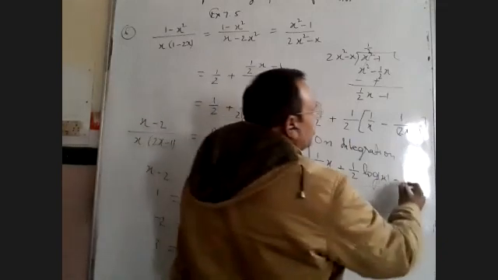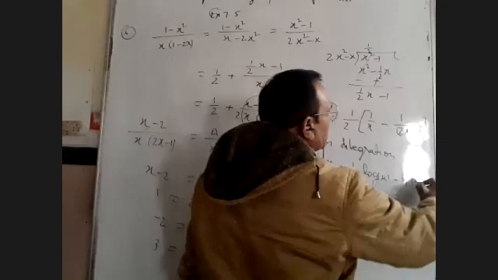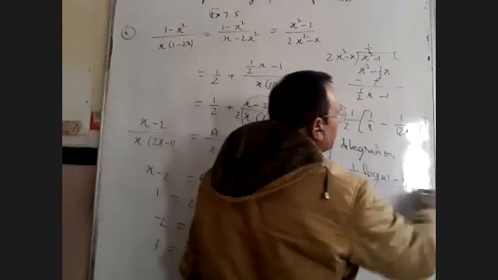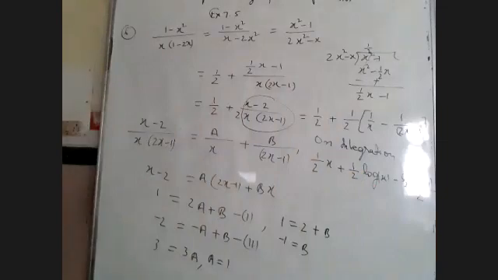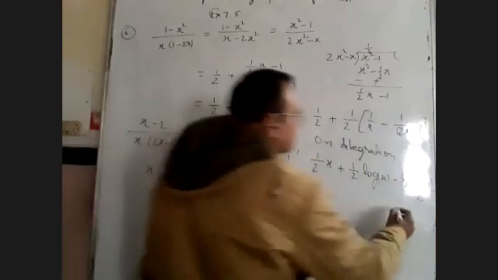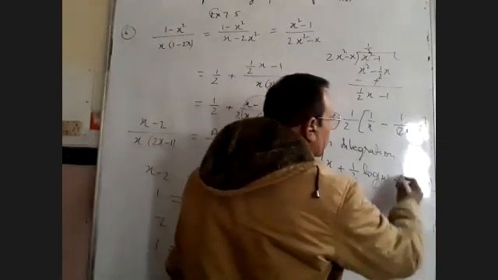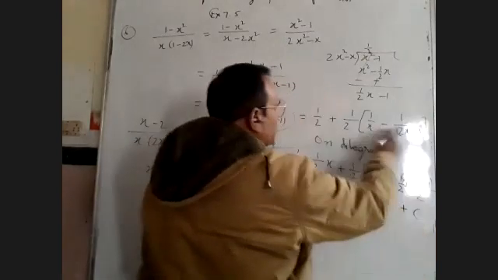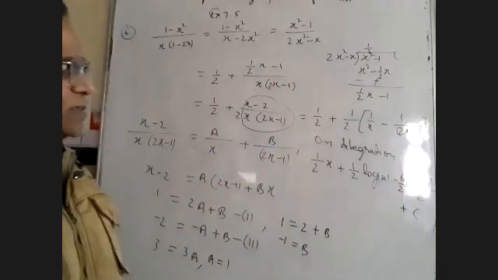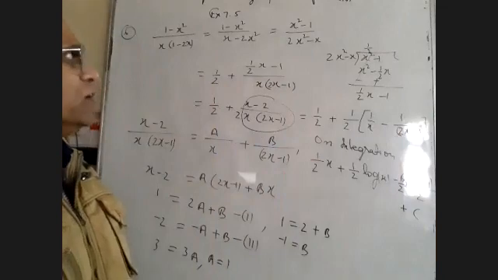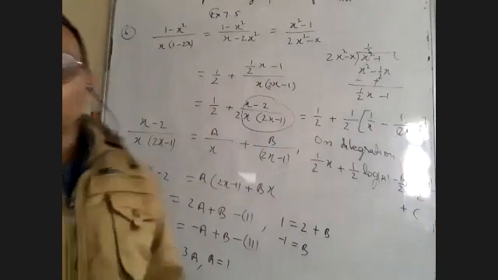Minus log 2x minus 1 but divided by 2 because the coefficient of x is not 1. So this expression we can write in this way, plus c. Of 1/2 we have to multiply this 1/2 here also. So minus 1/2 log 2x minus 1 divided by 2. This integration is completed now.